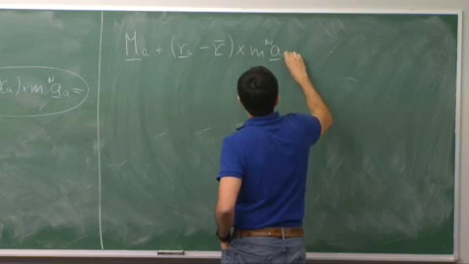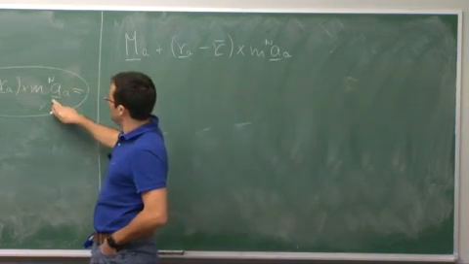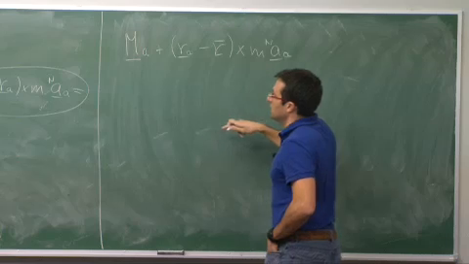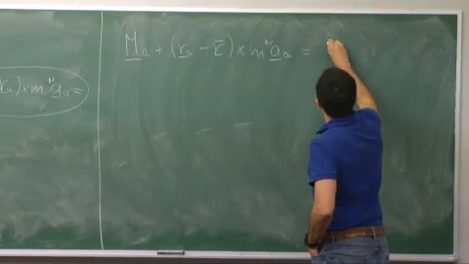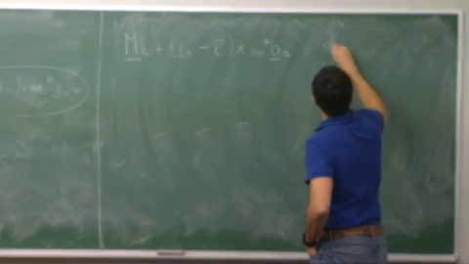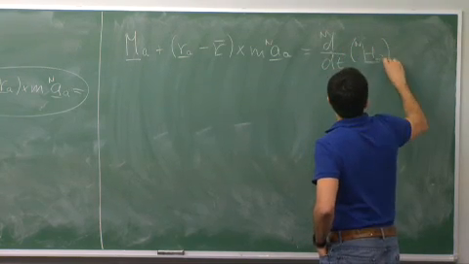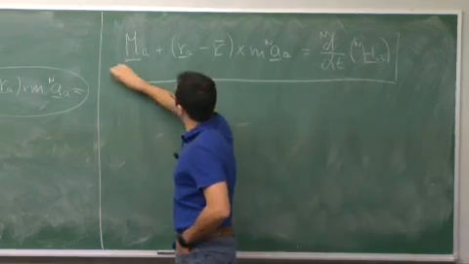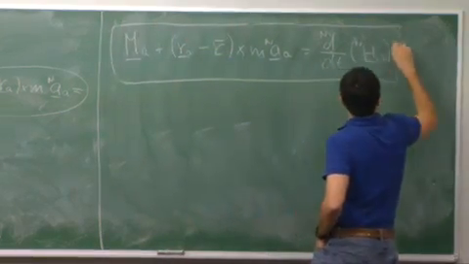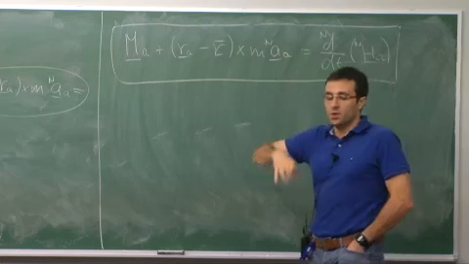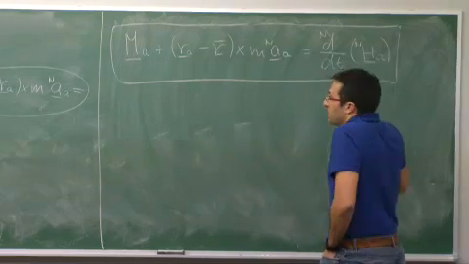I'm just bringing this term to the other side, right? And that's going to be equal to d/dt in N of H^{QN}. That's another way to write the second law. This is still the second law. I haven't changed anything. I just moved everything to a generic point.